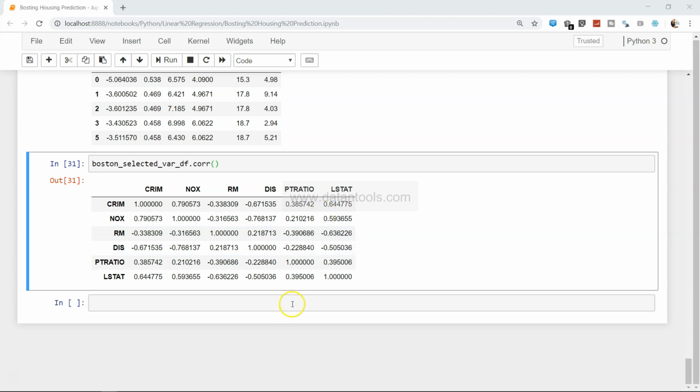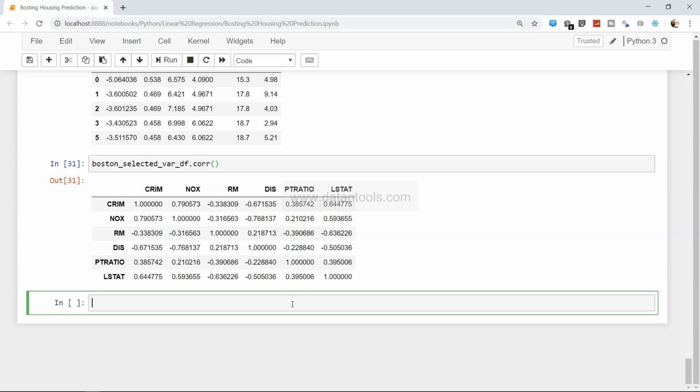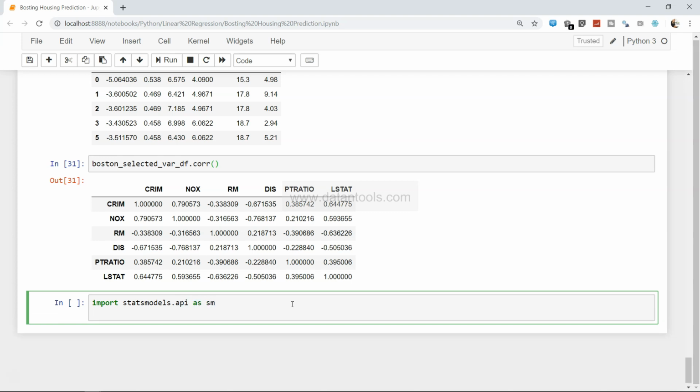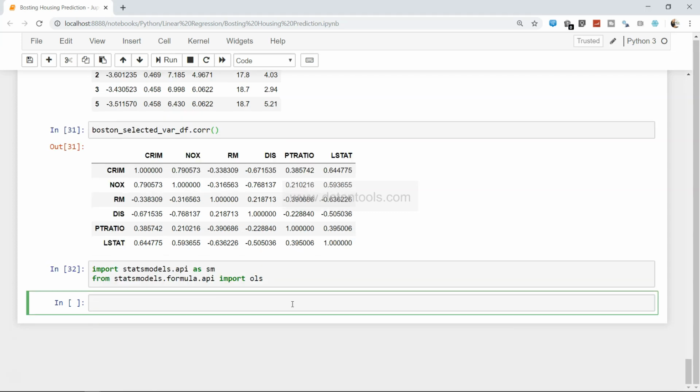All right, so now let's go ahead and create a model out of it using the statsmodels, which has the simple ordinary least squares method. So import statsmodels.api as sm, and then from statsmodels.formula.api import OLS. So once it is imported, we can go ahead and define the model.